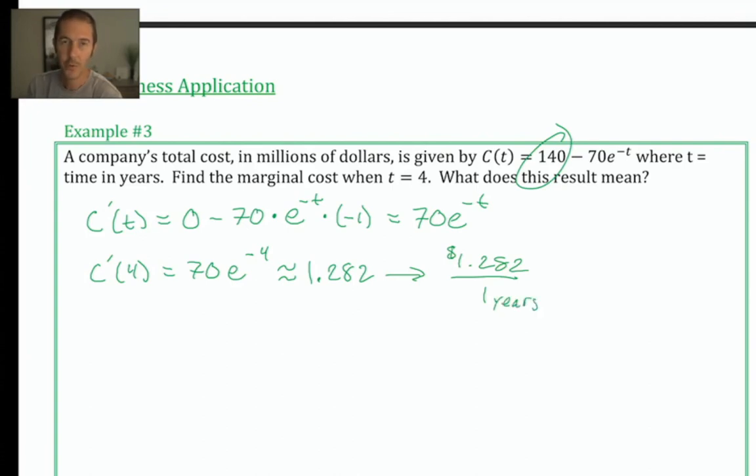If you picture this graphically, this is rise over run, which means the cost in the numerator is rising by $1.282 million, and the run horizontally is a change, not a change in x in this problem, but a change in t. So over the course of that 1 year change in the horizontal direction, we're going to see a vertical change in cost of $1.282 million.